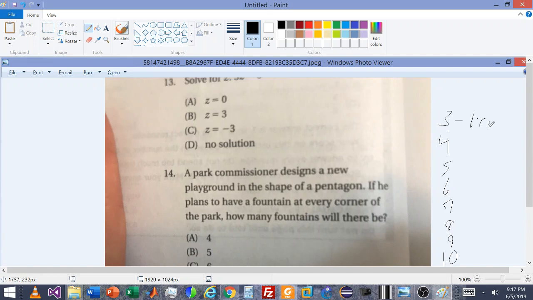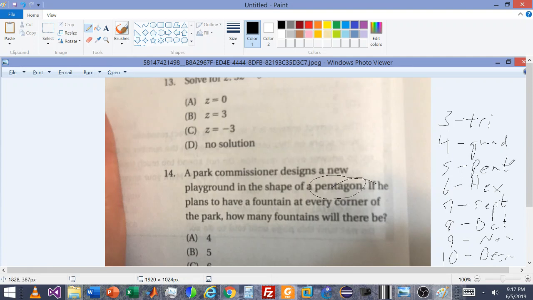You can remember that because you often deal with triangles. 4 is quad. 5 I'm going to come back to. 6 is hexagon. 7 is often sept. 8 is pretty easy to remember because of octopus, so octagon. 9 is non, and 10 is deca, and 5 is pent.